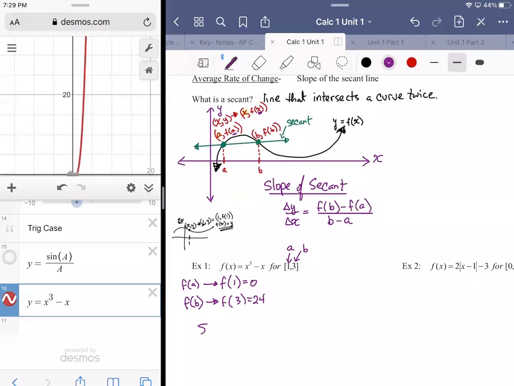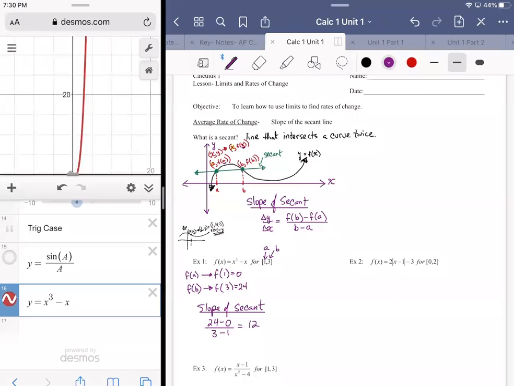So the slope of the secant line, which is change in y over change in x, would be f of b minus f of a, so 24 minus 0, over b minus a, 3 minus 1. 24 over 2 gives you 12. And that would be the slope of the secant line.